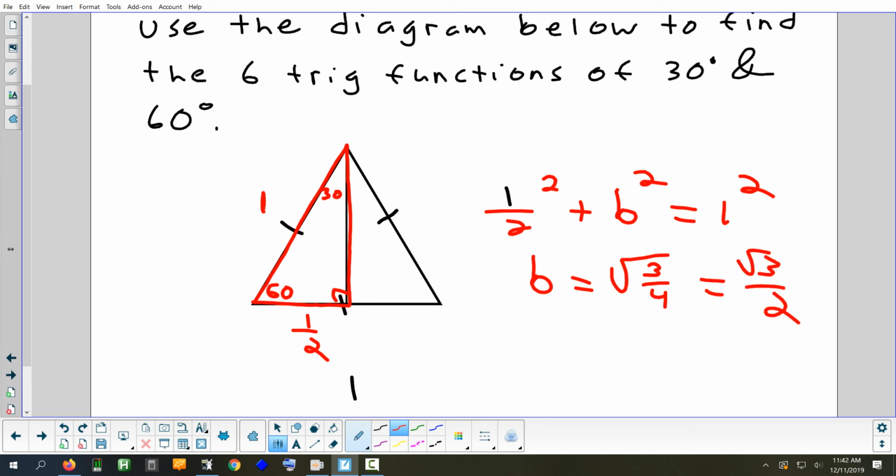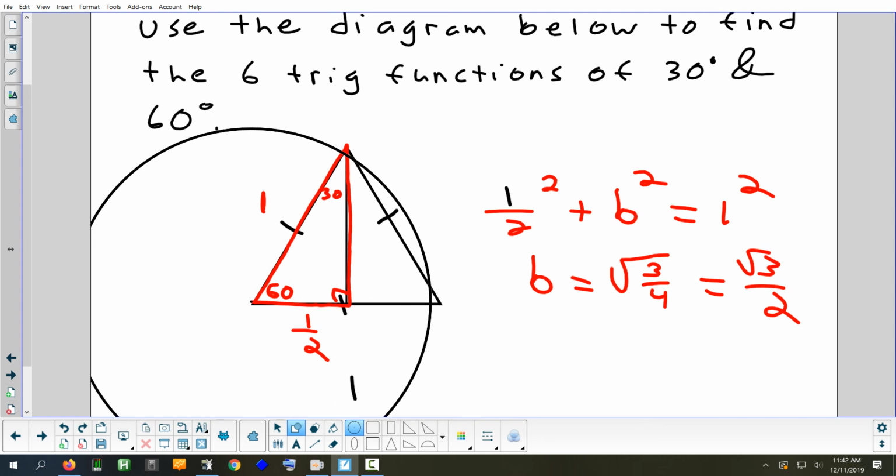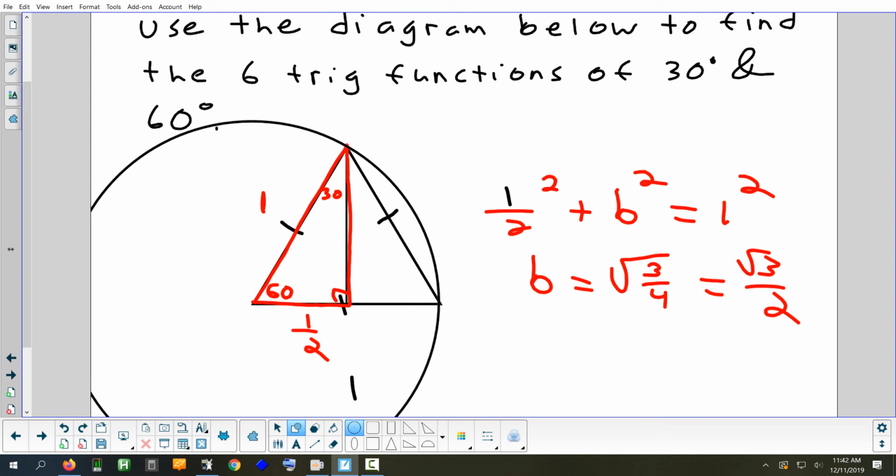These are the exact numbers we used when we did unit circle trig. Imagine your circle just like that. Your radius is 1. That's the center of your circle. So 1, 1/2, root 3 over 2.